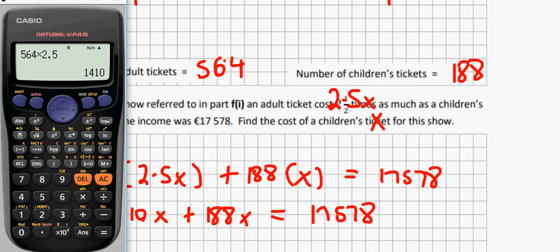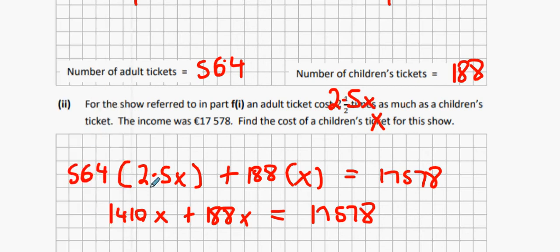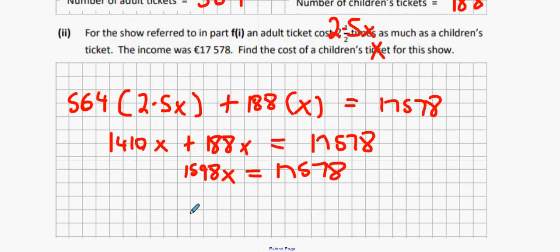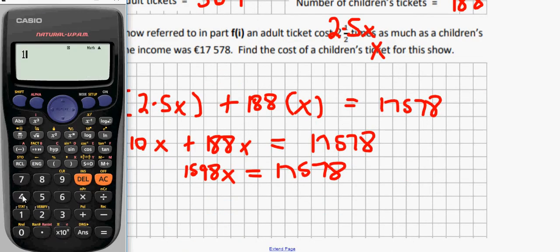I'm going to add the two of them together. So what am I adding? 1,410 plus 188. 1,598. Sorry, 1,598x equals your 17,578. Divide it. So your 17,578 divided by 1,598, what is it? 11. Okay.